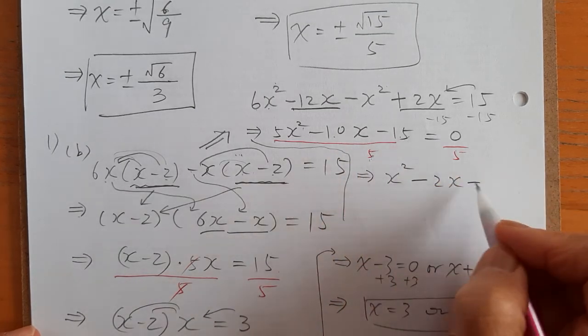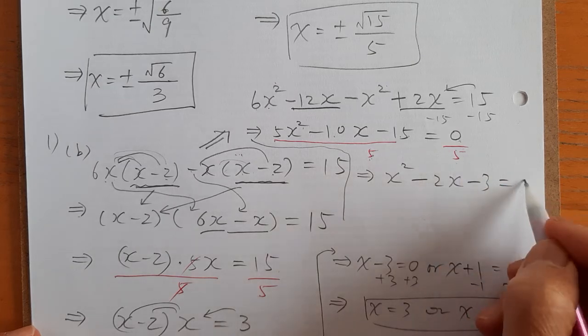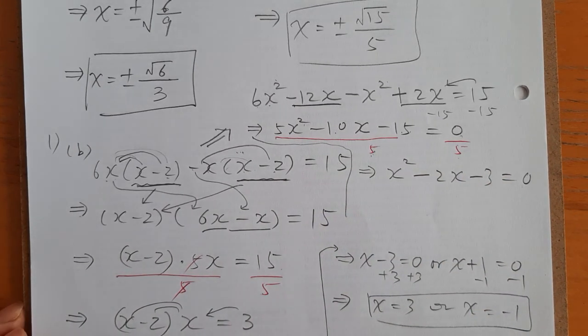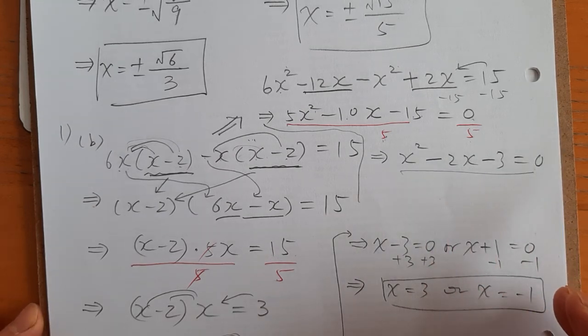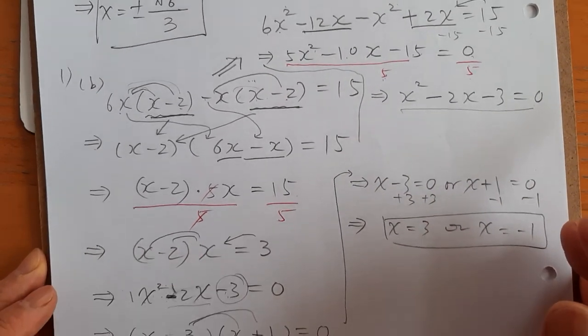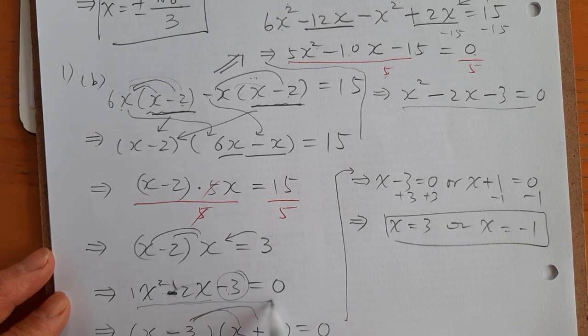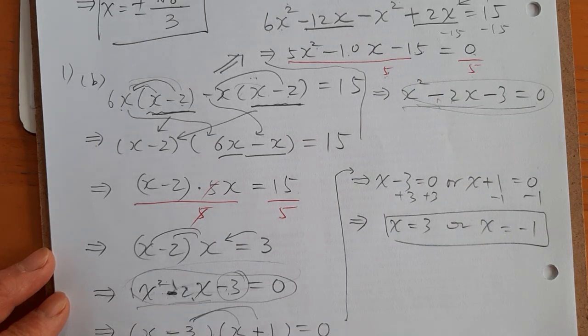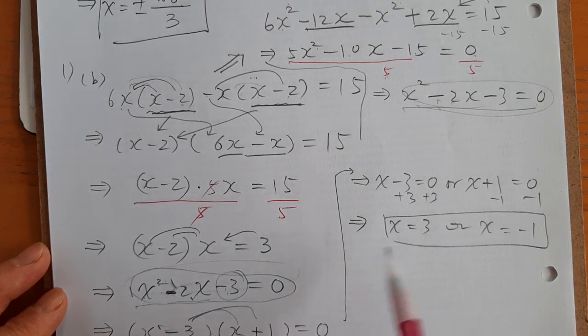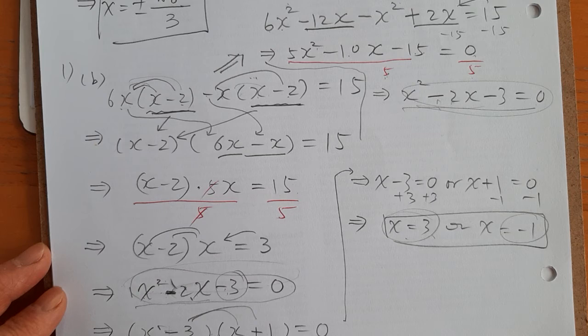Minus 15 divided by 5 is minus 3. 0 divided by 5 is 0. So you will get this one is the same as here. They are the same thing. So from here, you factor, and then you get the solutions 3 and negative 1.